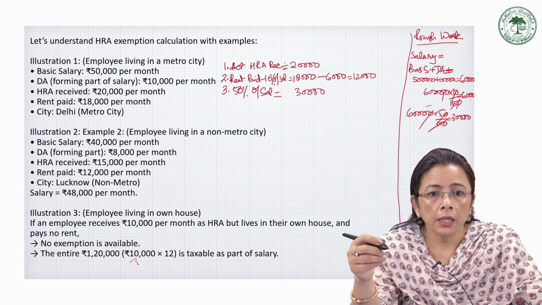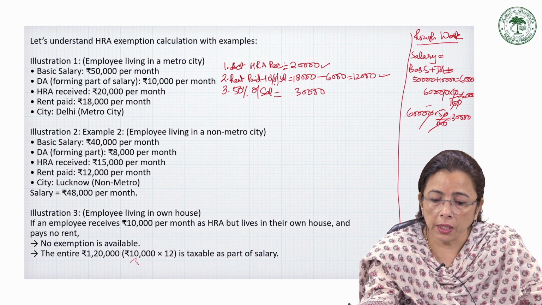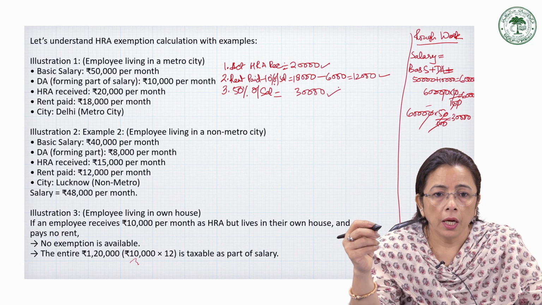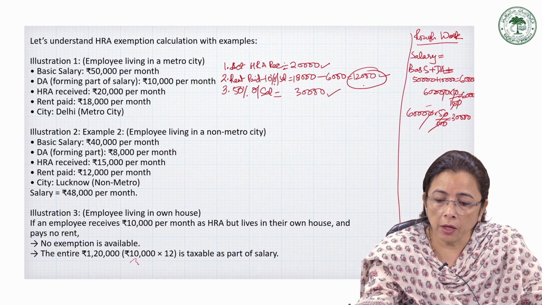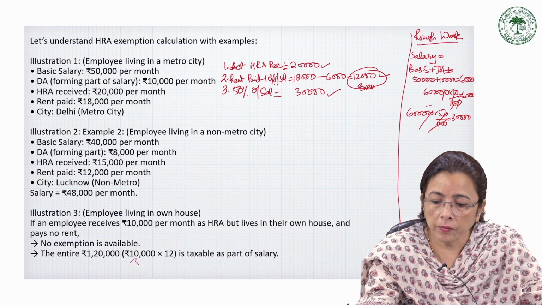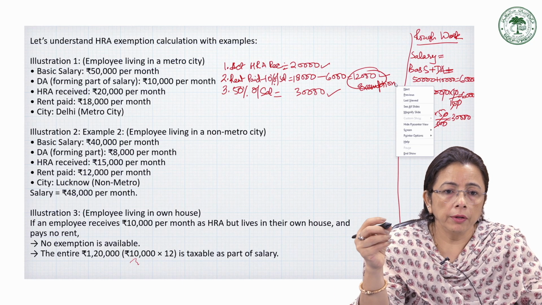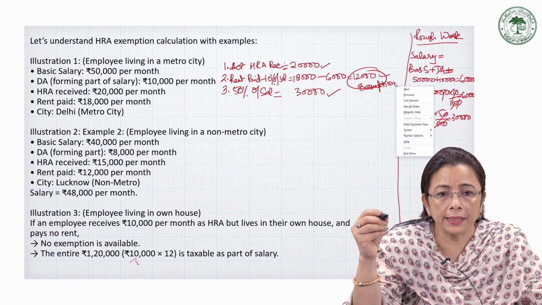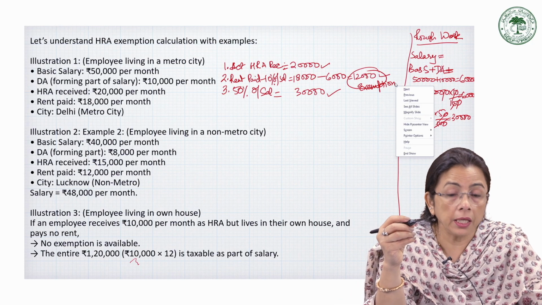So what is the least? We will compare 20,000, 12,000 and 30,000. Out of this, the least is 12,000. So this 12,000 will be the exemption amount.